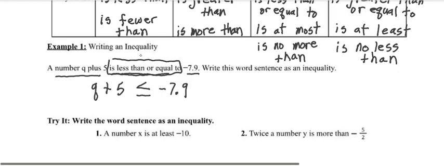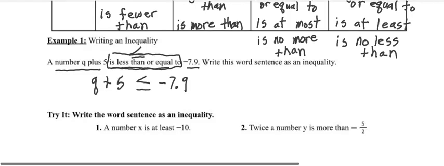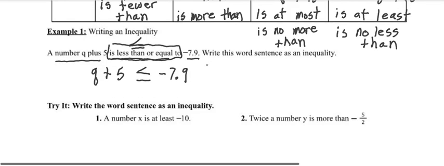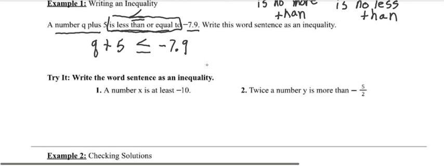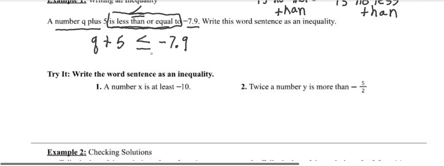So this right here represents less than or equal to. Are there any questions on that? Okay, good. Now, I want you to try 1 and 2 real quick on your own.